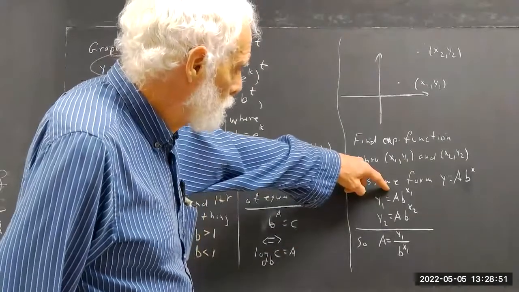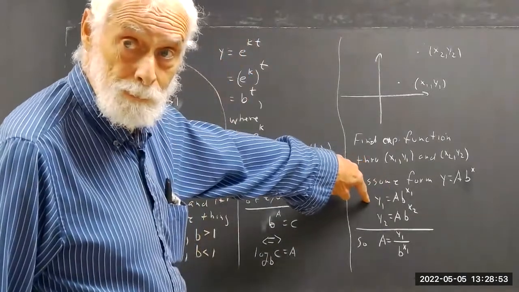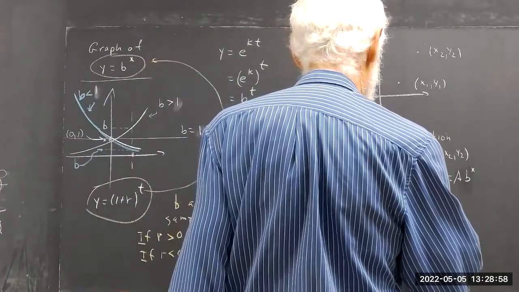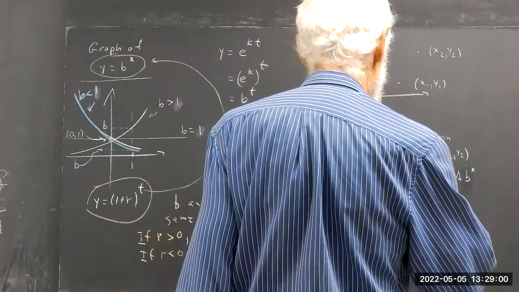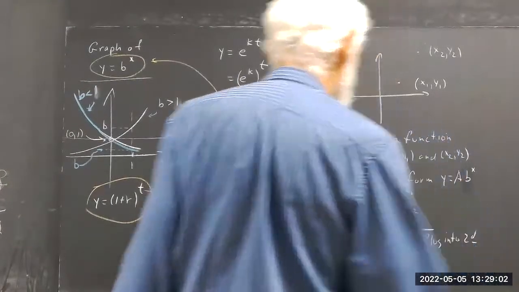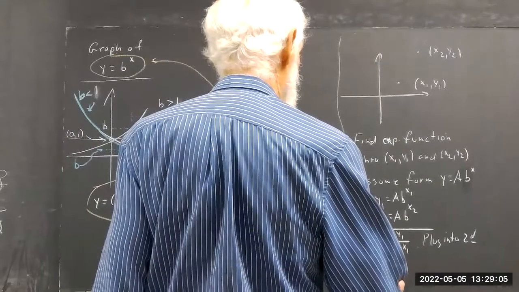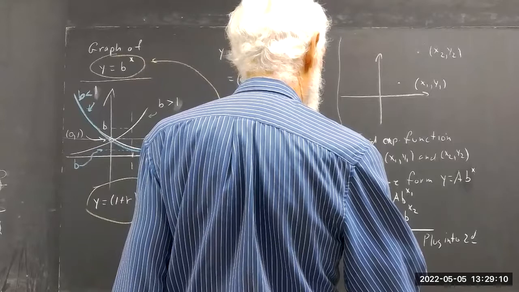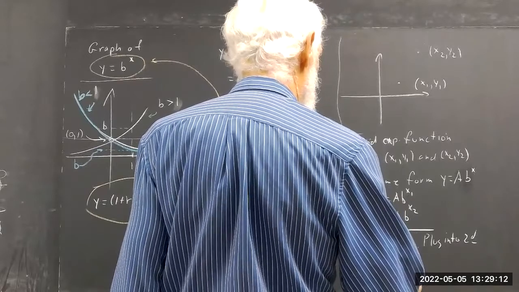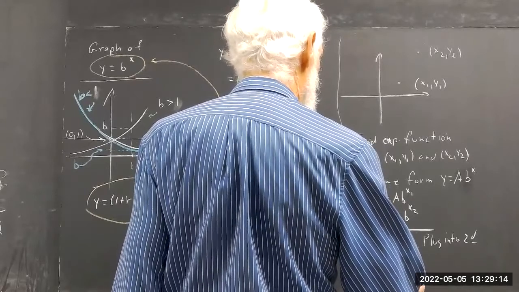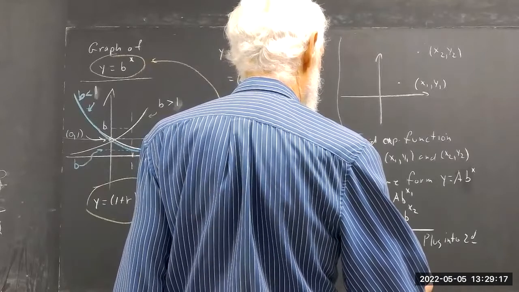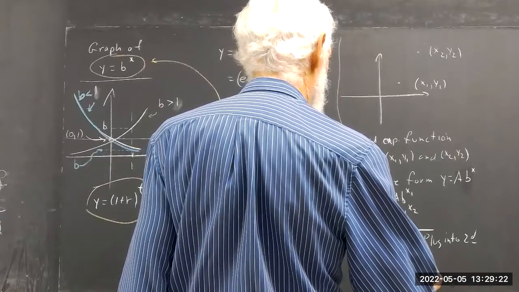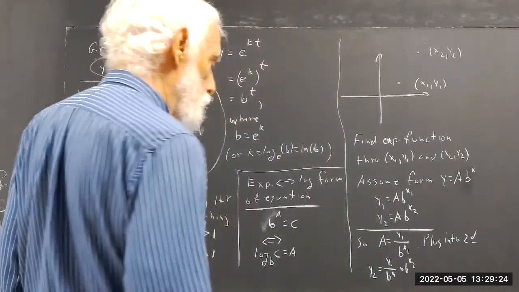And you can solve the first one for a. Plug that into the second equation, you get y2 equals y1 over b to the x1 times b to the x2.